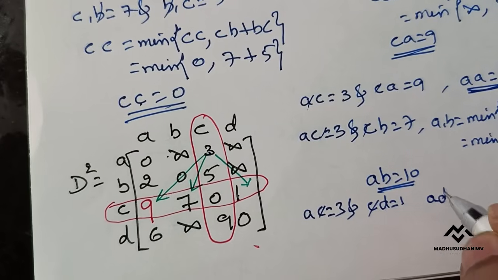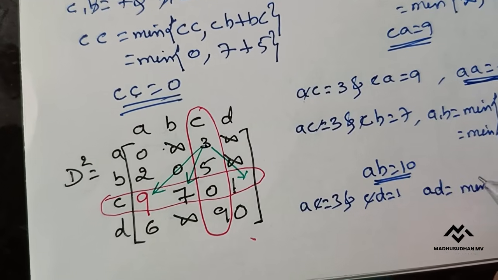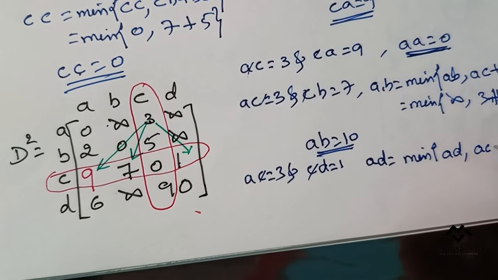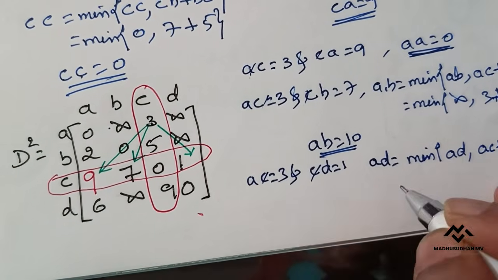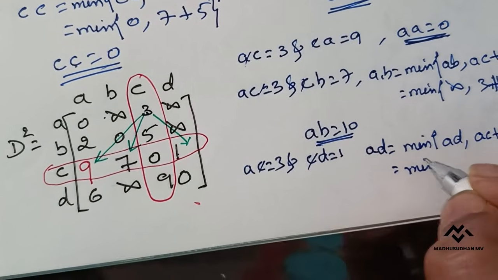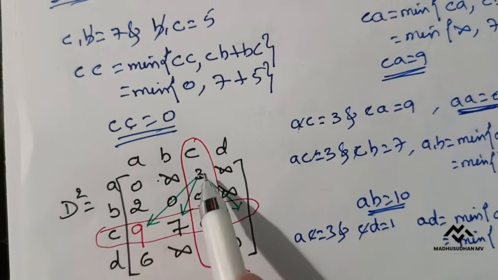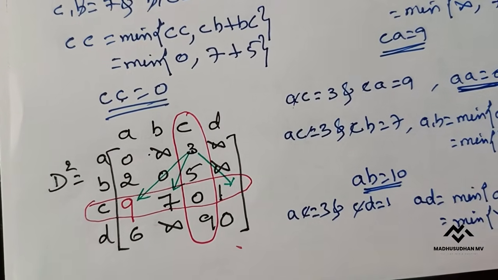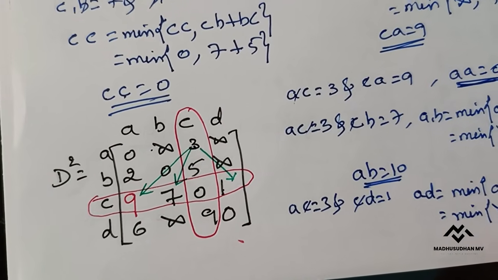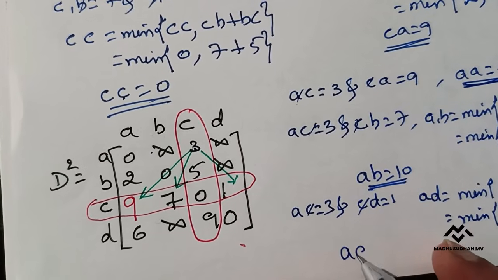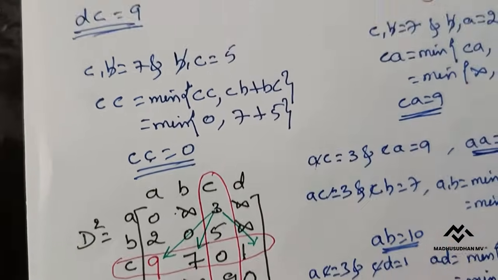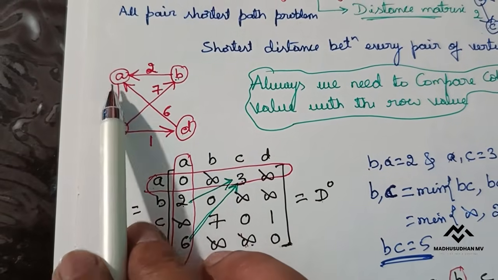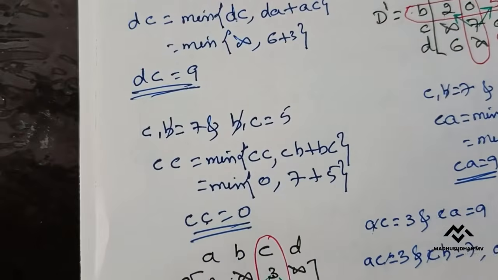So now AD is equal to the minimum of direct AD, path AC plus CD. This is nothing but the minimum of A to D, which is infinity, comma AC is 3 plus 1, 4. So I got new value AD is equal to 4. That means I can reach D from A through C like this, 4. So now I got new 3 values.